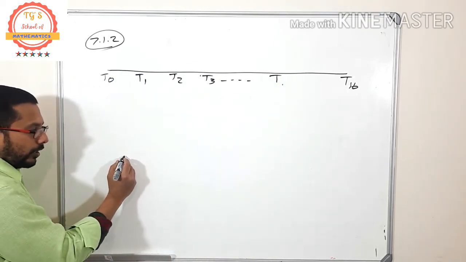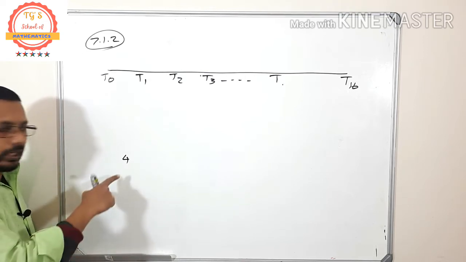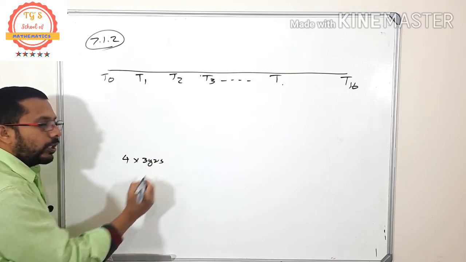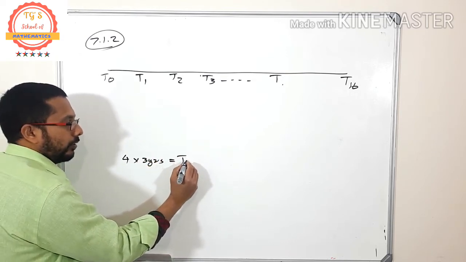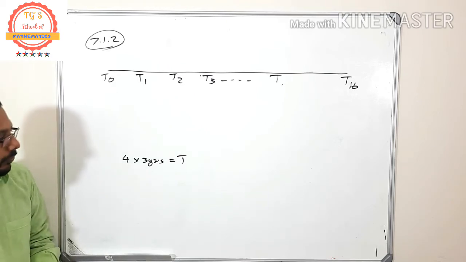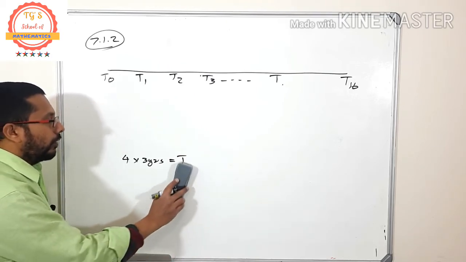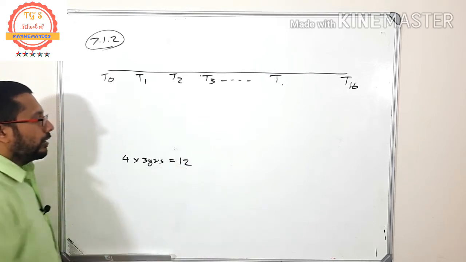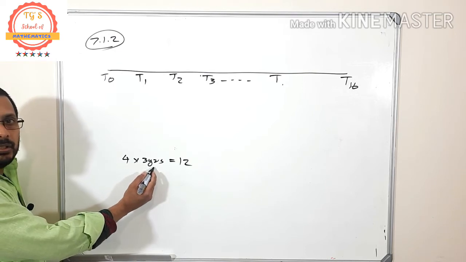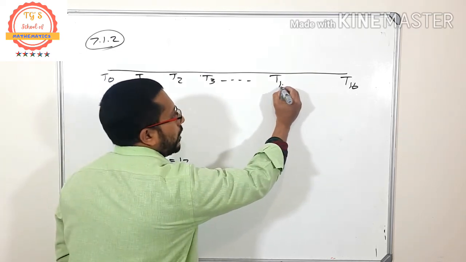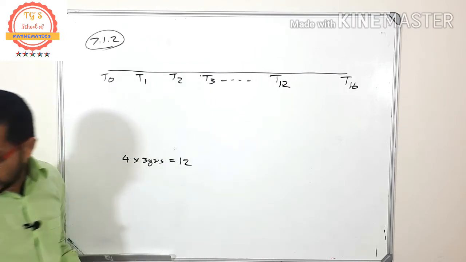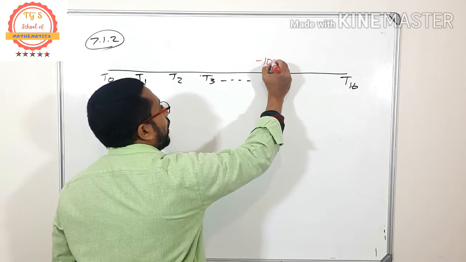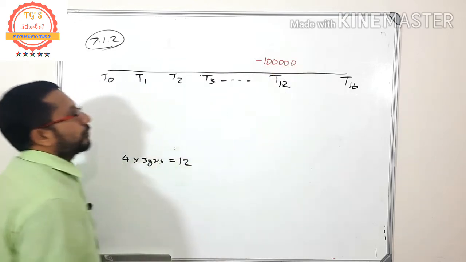In 1 year, how many times? It's quarterly. That means 1 year is 4 times. How many years? 3 years. So total, how many payments are there? Not T12... 3 times 4, yeah, 4 times 3 is 12. That means when it is T12, she withdraws 100,000.